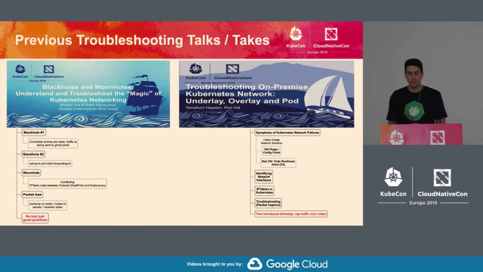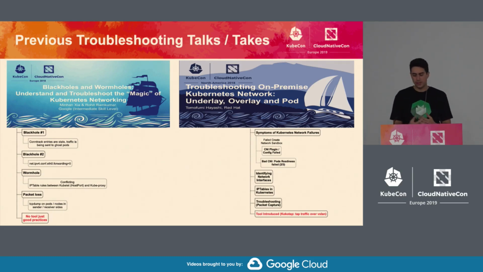The second talk was on troubleshooting on-premise Kubernetes: underlay, overlay, and pod. In this talk, the author talked about symptoms of network failure, covering pretty similar ground to the previous talk, except that he talked about CNI-specific failures, like if you fail to create a sandbox, or if the readiness check you're running fails.